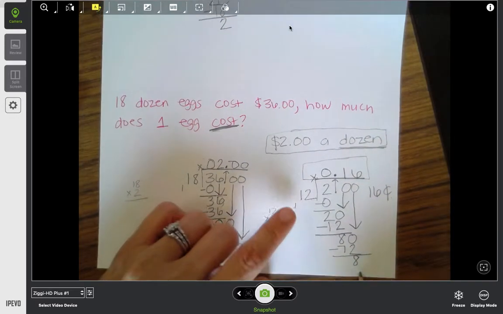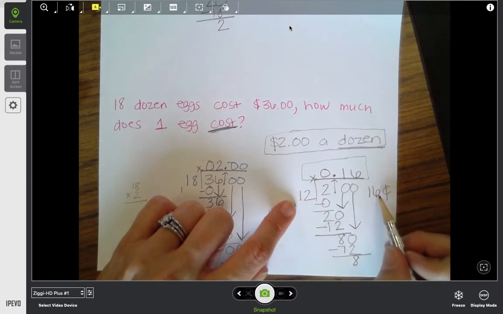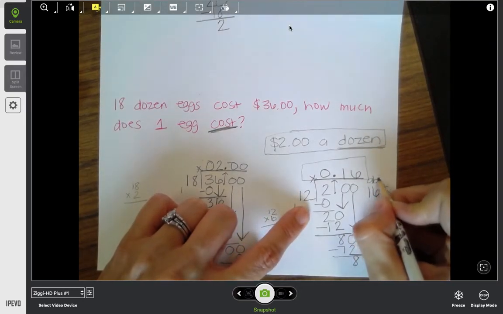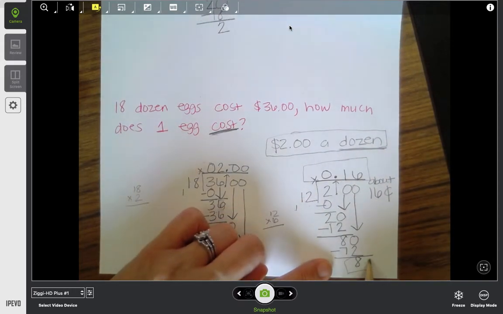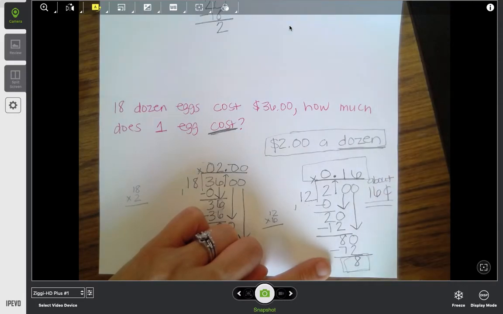And I did have a remainder here. So it's really a little bit more than 16 cents. So we're estimating here. So I would say it's about 18 cents because I do have this remainder, which means there's a little bit more left over, okay? So I'm estimating it's about 16 cents for one egg.